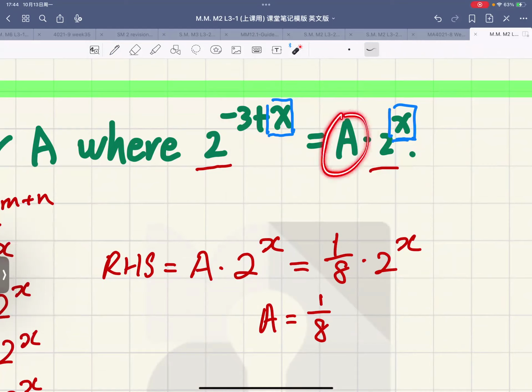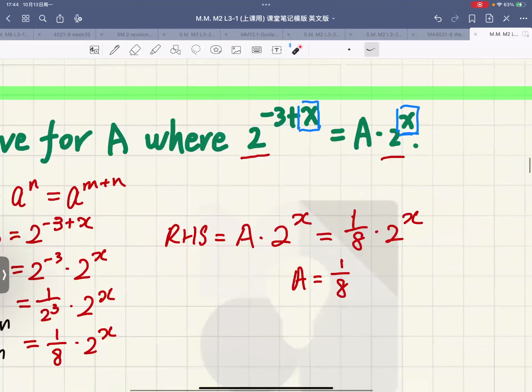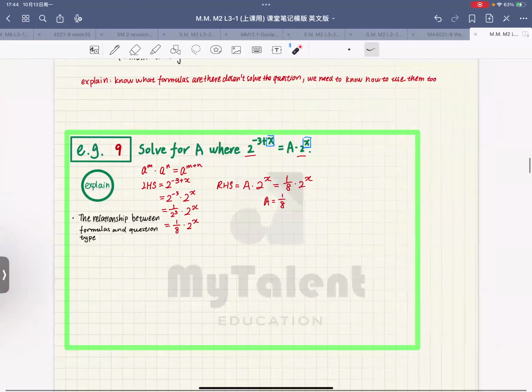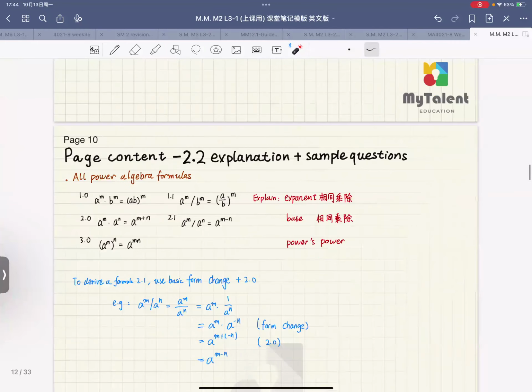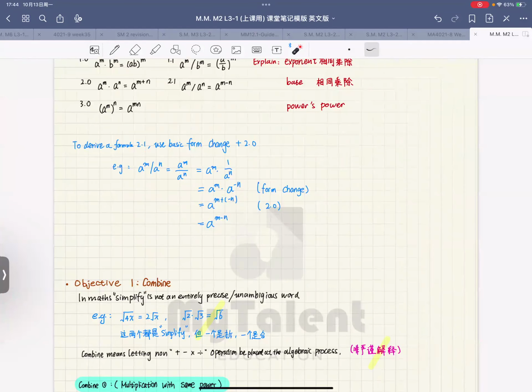And then we calculate A. That's how we think. Any questions? Noah? Sean? No? Okay. All right, let's move on.